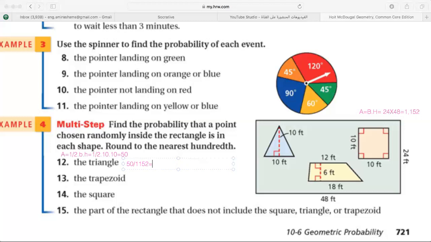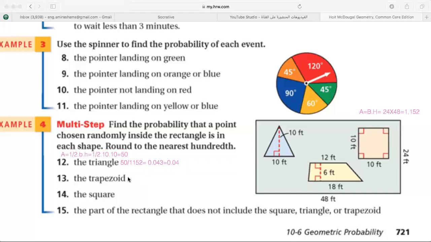If I want to round to the nearest hundredth, so they want the answer in decimals, my answer will be 0.043. When I round it, it will be 0.04.